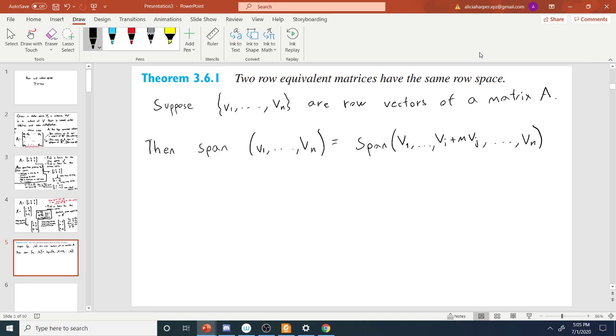And so what we're doing here is the row operation that corresponds to adding M times the jth row to the ith row. And we want to show that this span is equal to this span.